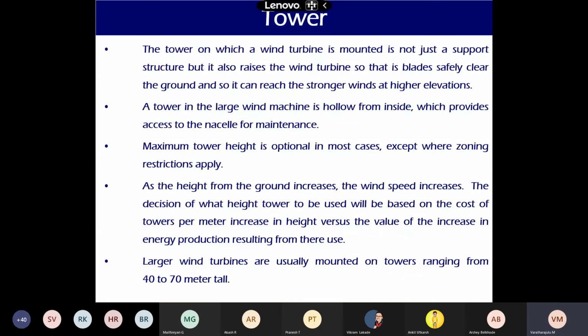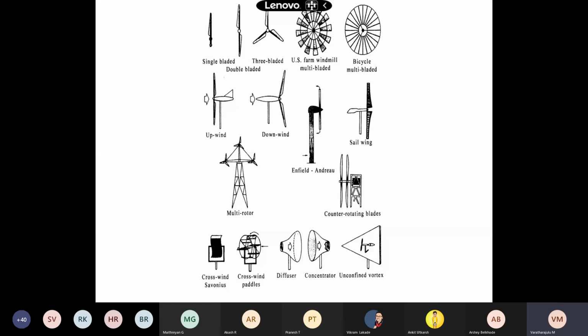and then three bladed, and multi bladed, which is designed by the US, and the bicycle type of multi bladed turbine. Based on the wind direction, it is classified as upwind or downwind. And we have the Enfield Andrew type of wind turbines and sail wing, and even the multi-rotor type of wind turbine is also mounted in some particular places.